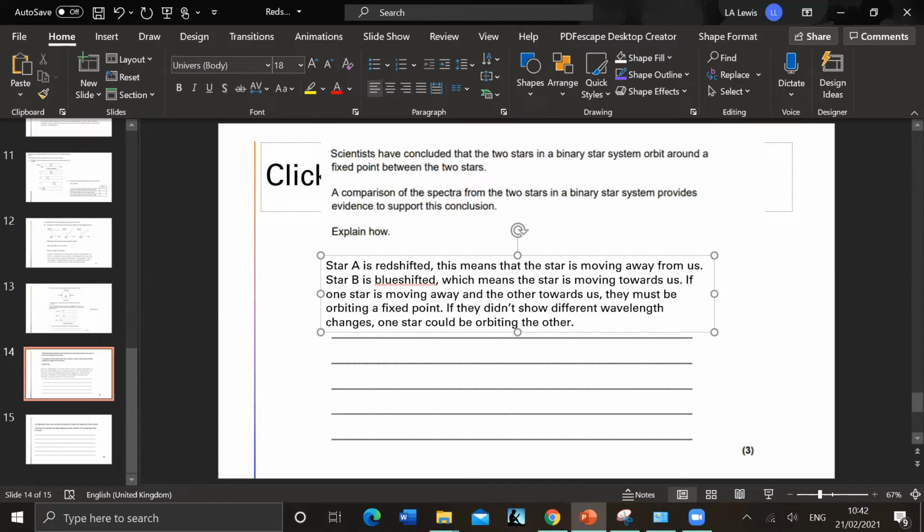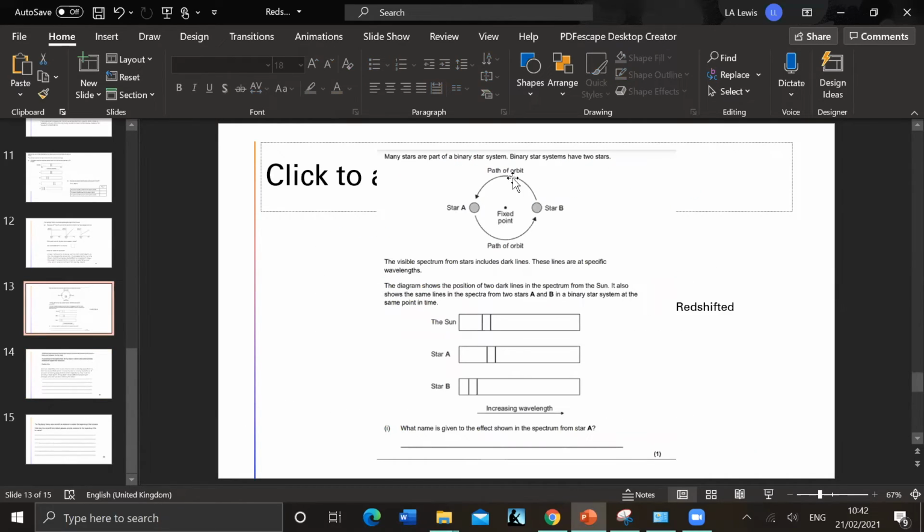So if one showed a shift and the other one didn't, it means one star's moving, but they're both moving around a certain point. That's quite a difficult idea. That's why I included it here. I saw that question in the exam and I included it here. I think they've even got the diagram, haven't they? Yeah, they're showing it. They're showing you in case you didn't get the point.